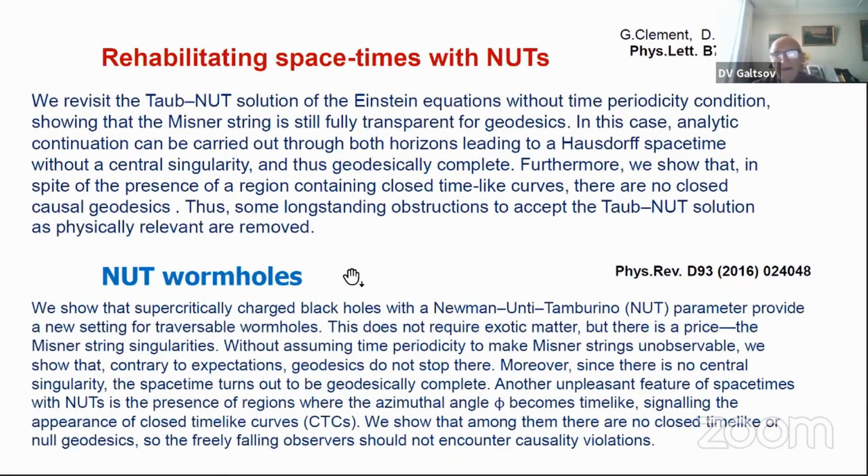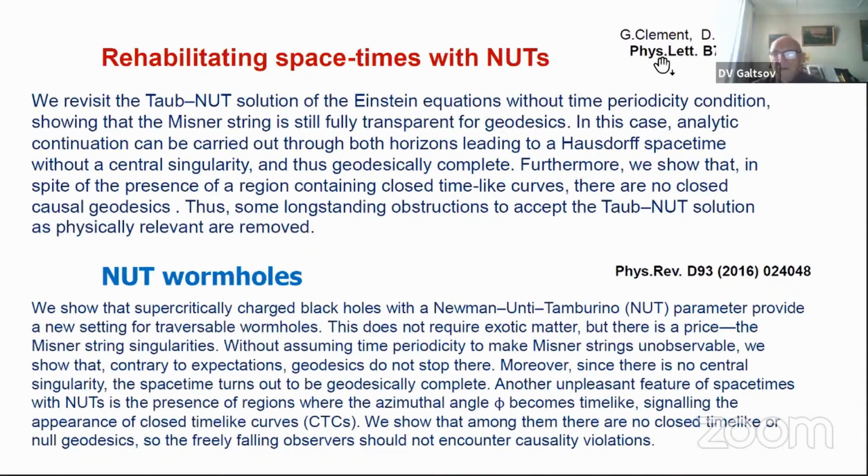Now, if you don't identify, you will get a singular spacetime, which apparently will violate many of the black hole theorems, the uniqueness theorem, for instance. But you can still work with it.